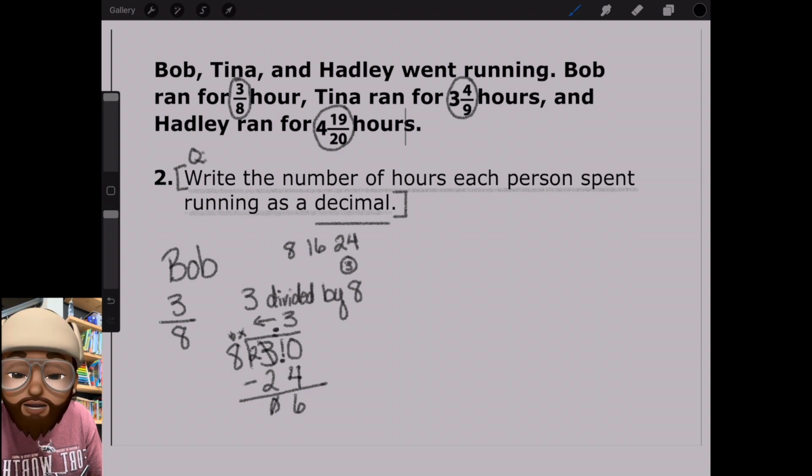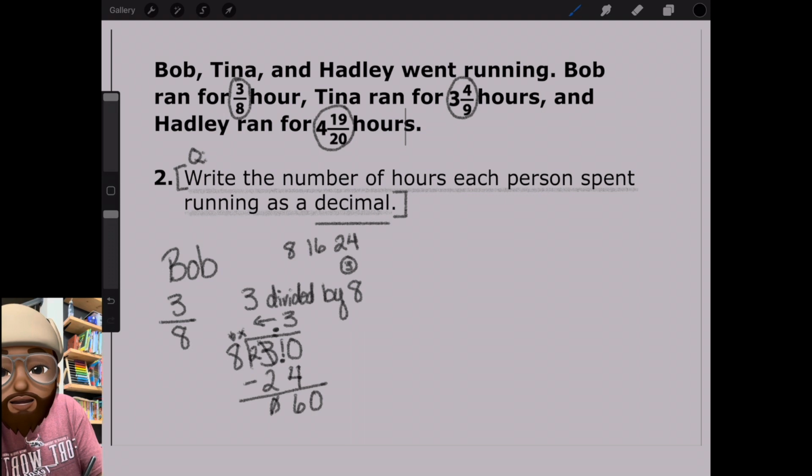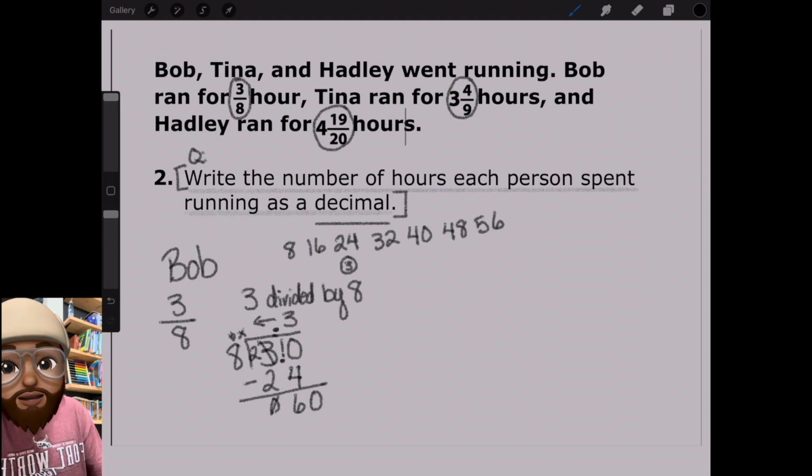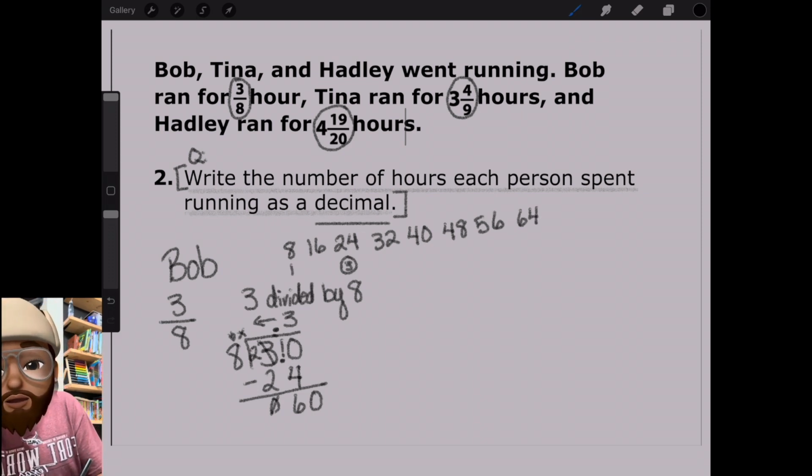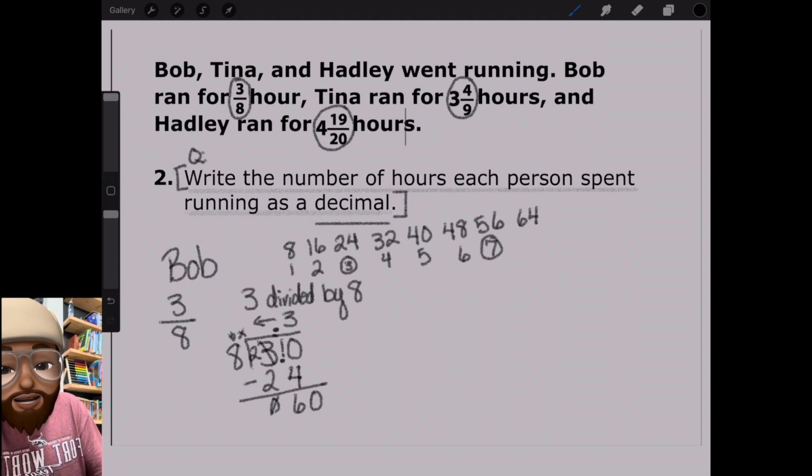8 can't go into 6, but 8 can go into 60. How many times? 8, 16, 24, 32, 40, 48, 56. The next number would be 64, so that wouldn't go into 60. So we know it can go in 7 times.